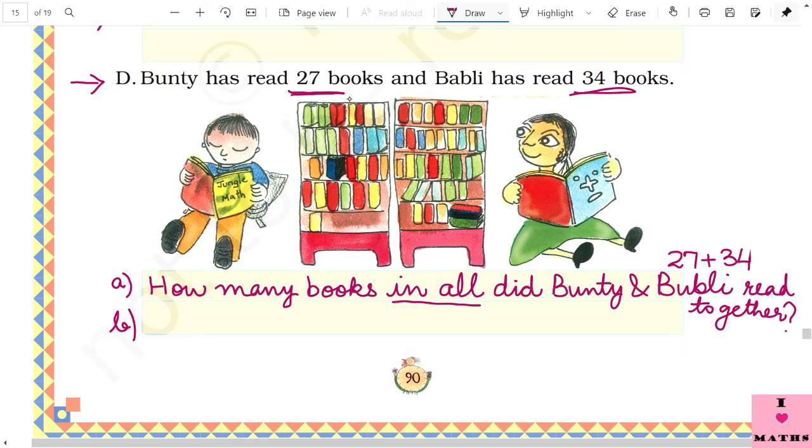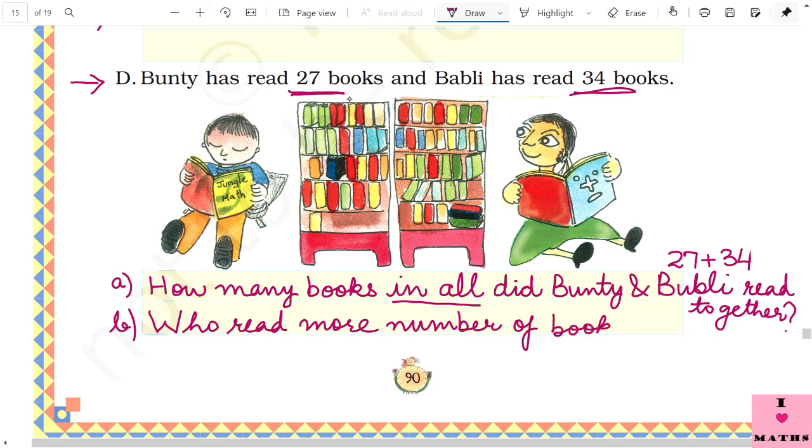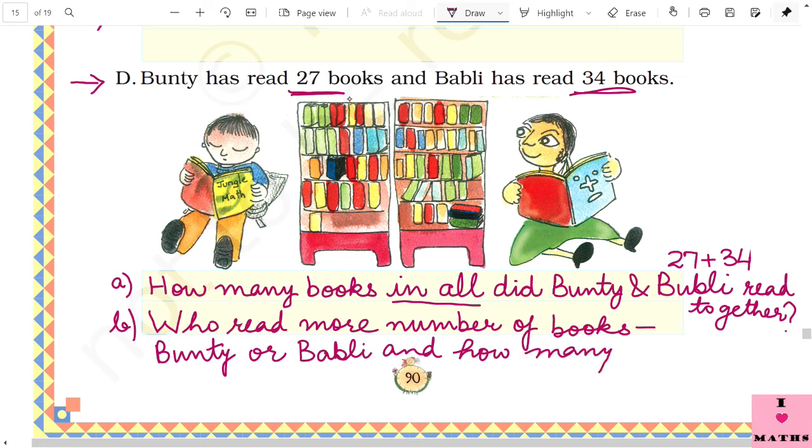Okay, now the next question. There can be another question which can be made on the same condition. Who read more number of books? Bunty or Bubbly? And how many more?